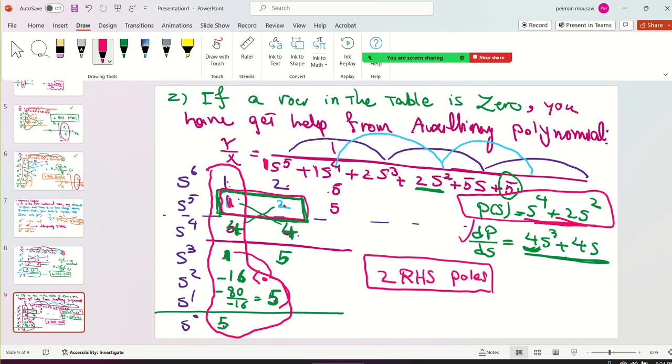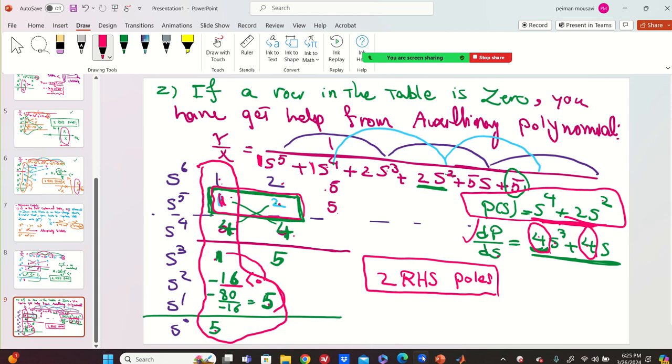Exactly like this here. We have a derivative with respect to s, gonna be 4s cubed plus 4s. These coefficients we put in here and continue. 8 minus 4, 4 divided by 1. This is gonna be 5. Continue. 4 minus 20, minus 16. Oh, negative, dangerous, and this gonna be positive.